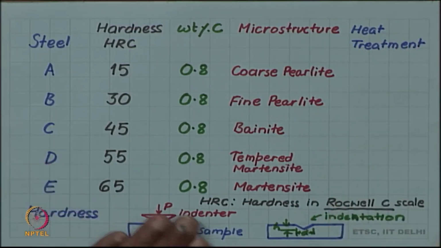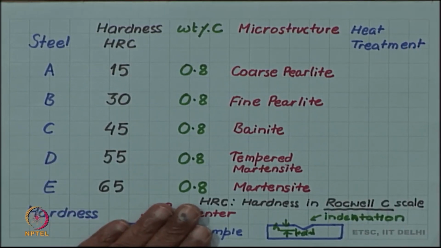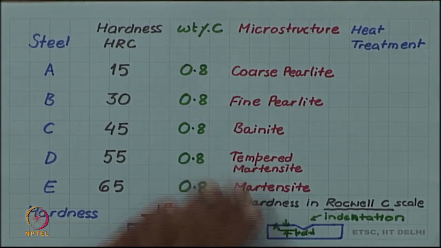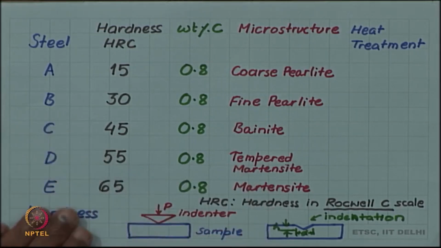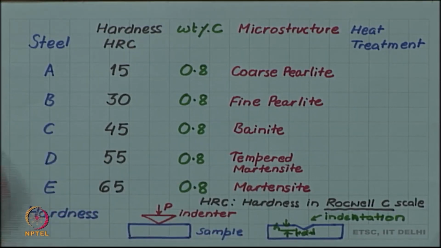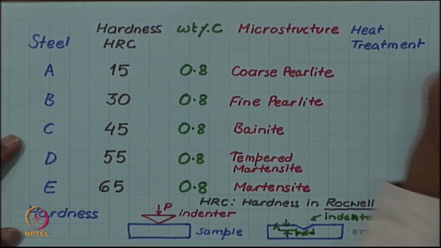So, in the same steel of 0.8% carbon, we are able to produce different microstructures and get different properties, different hardnesses, because we have given different heat treatments.